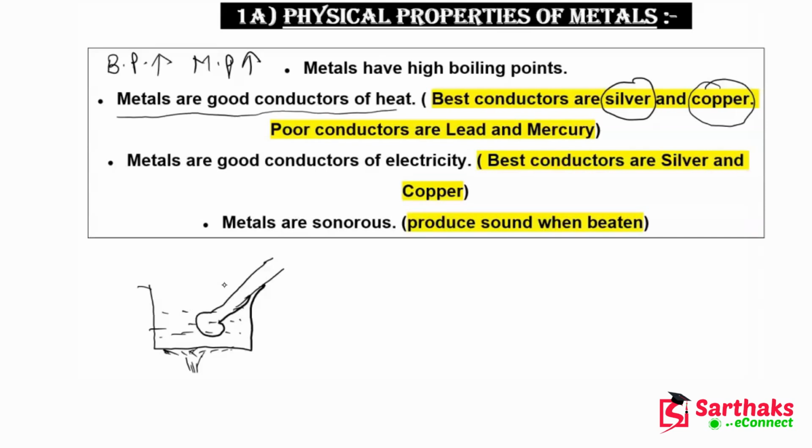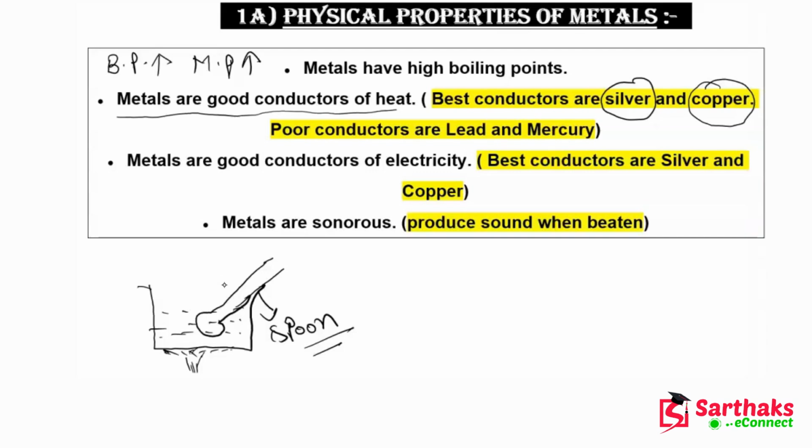Now why does this happen? Because the heat is transferred to that metallic spoon as well. So we can conclude that metals are good conductor of heat. And what are the best conductor of heat in metal? Silver and copper.